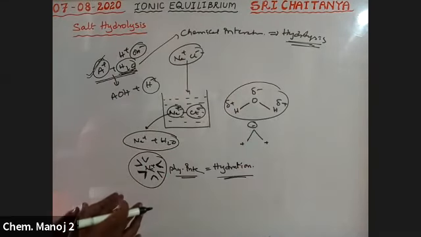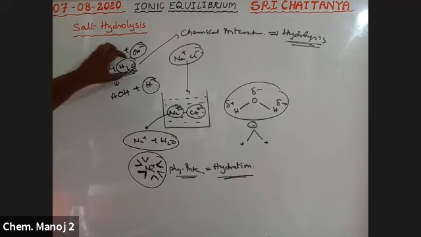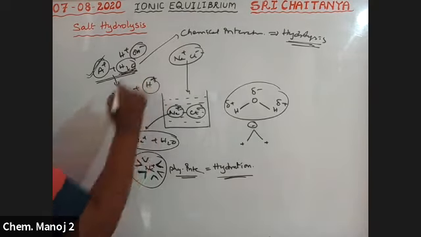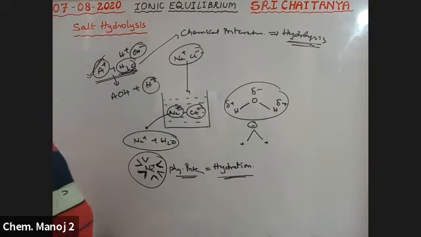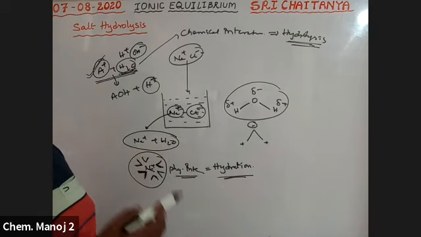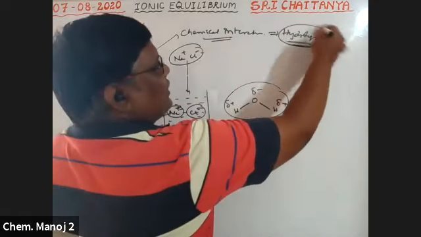Hydration means just physical interaction, with no reaction between the ion and water. But here, the ion and water react, giving either H+ ion or OH- ion into the solution. The reaction of an ion with water is a chemical interaction, which is called hydrolysis.